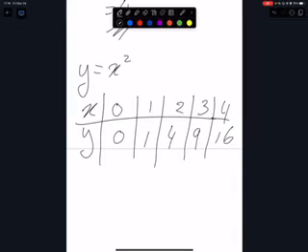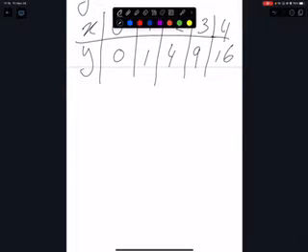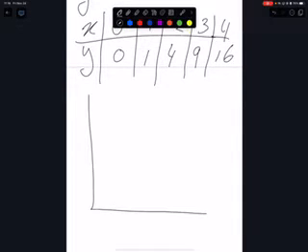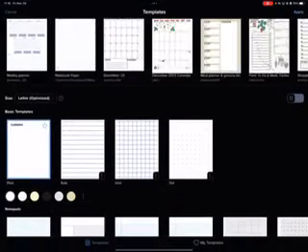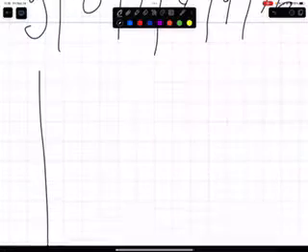Yes? Now you have to draw it. Can I change it without disturbing? Let's see. There we go.